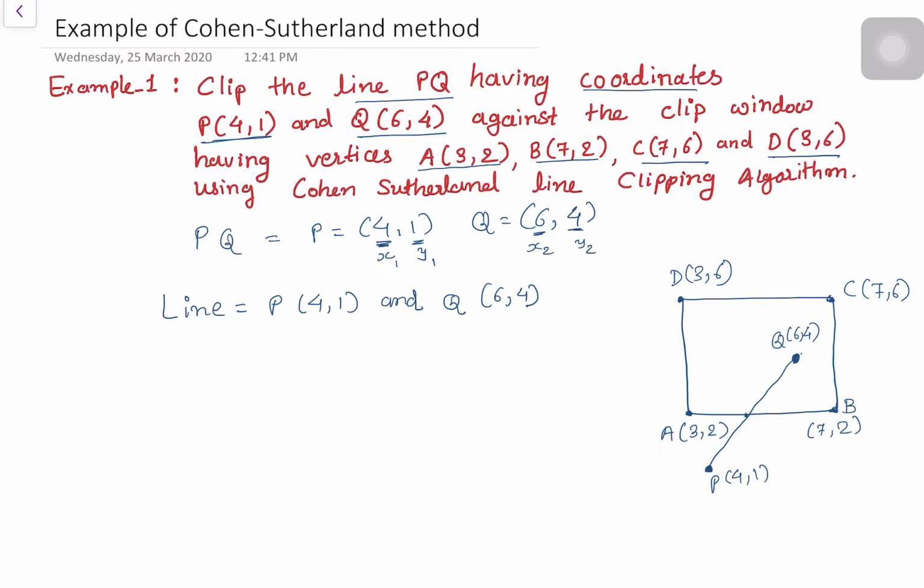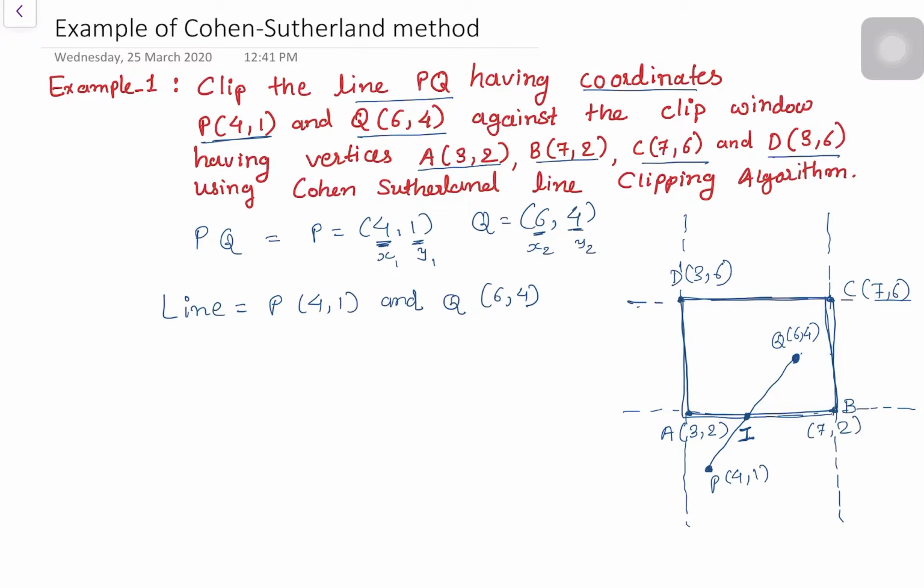Now whatever the intersection, that is our intersection point I. For this I, what are the intersection points? For that we have to draw the Cohen Sutherland line regions like this. Suppose these are our Cohen Sutherland 9 regions, and this is our window.